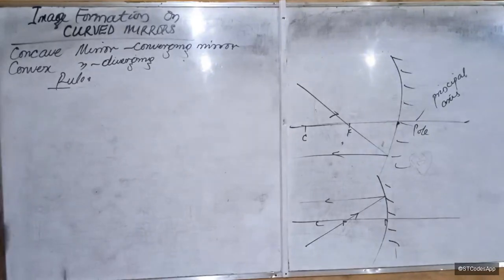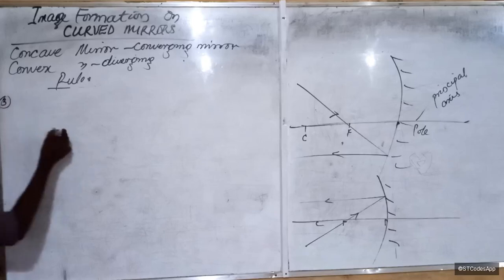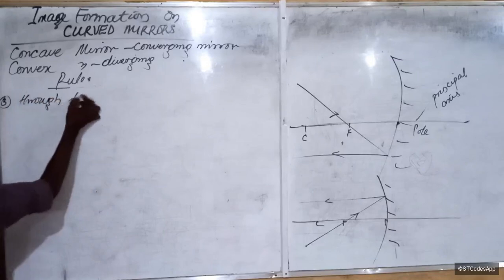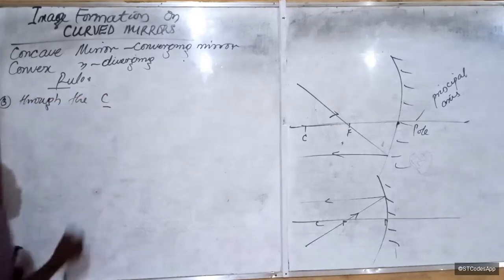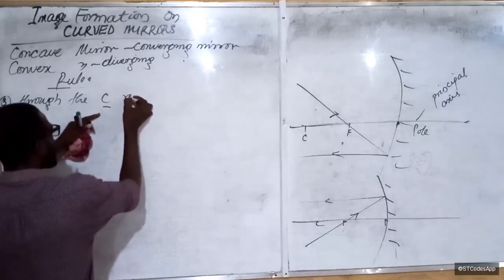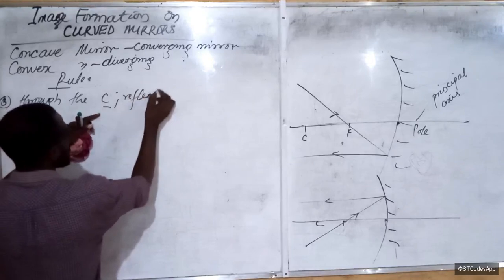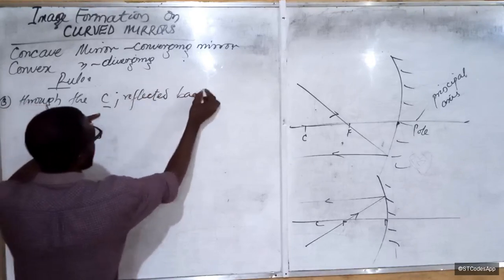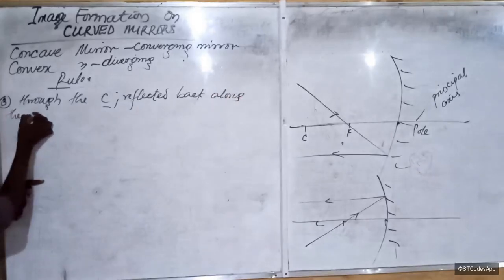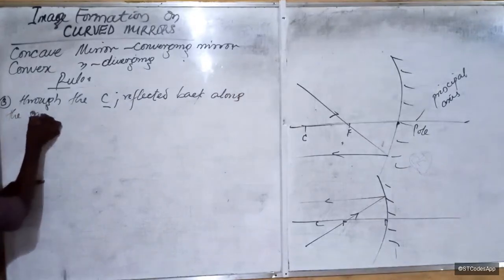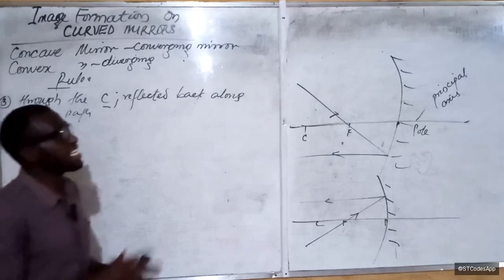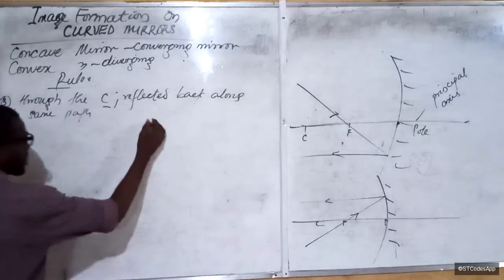Now, the third rule is the one that says, if a ray of light passes through the center of curvature, it will be reflected back along the same path. That is, it will be undeviated. So let's draw it.